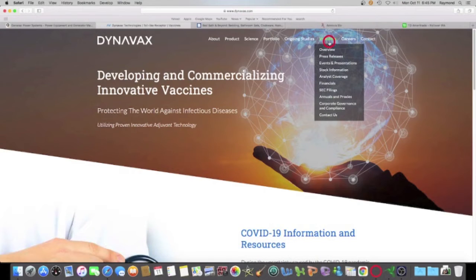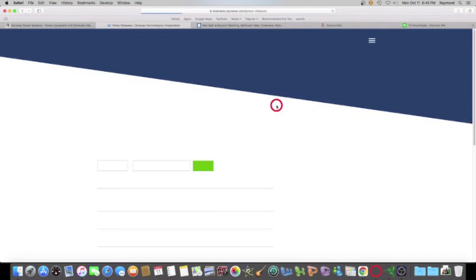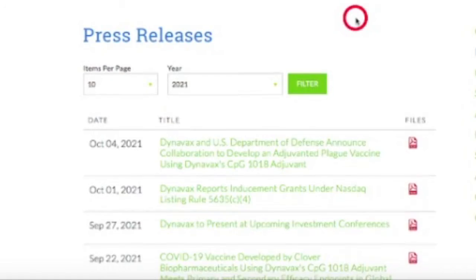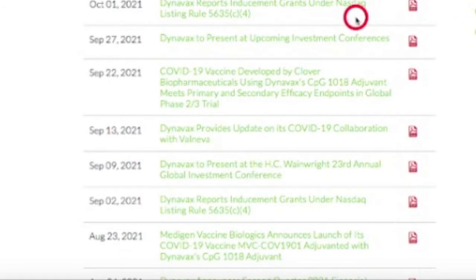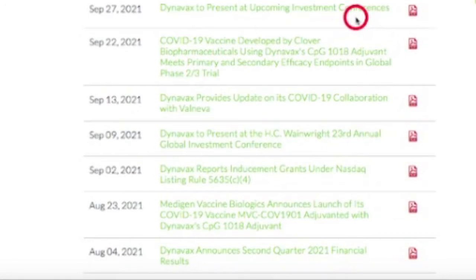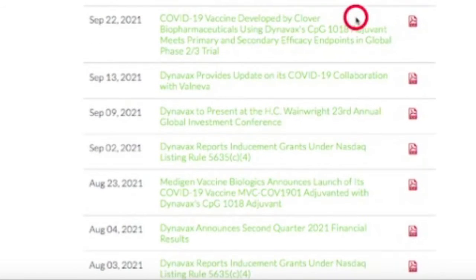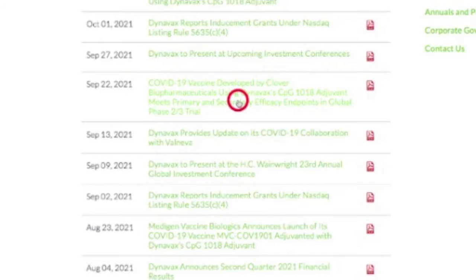So let's look at investor, and we want to look at press releases. I will show you just recently they have been discussing COVID. On September 22nd, they had a press release about where they are with COVID development, and you can see it again on September 13th.